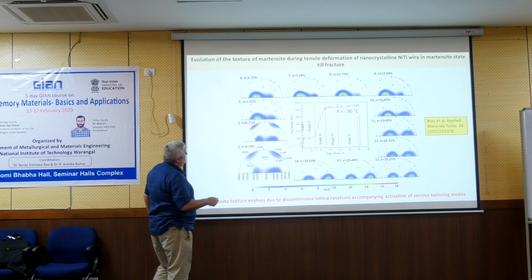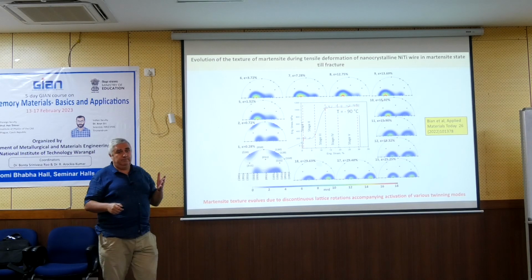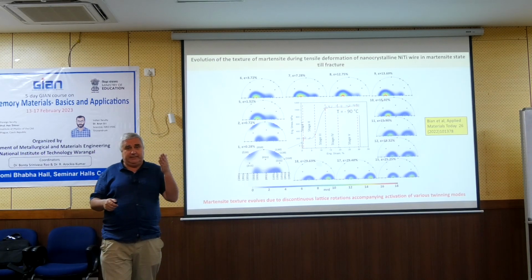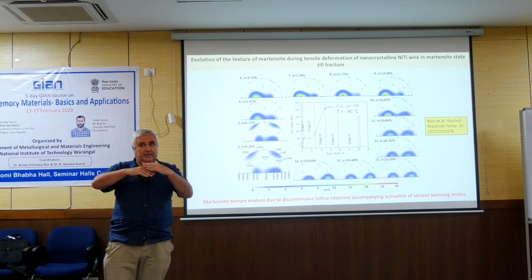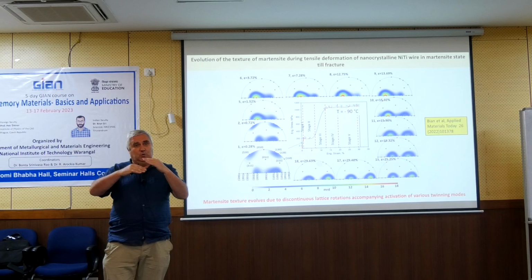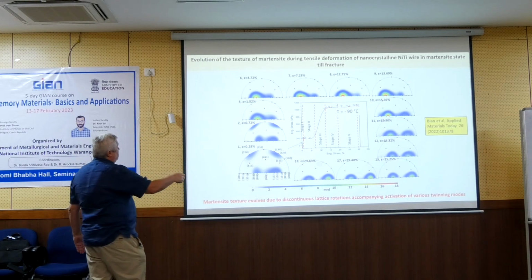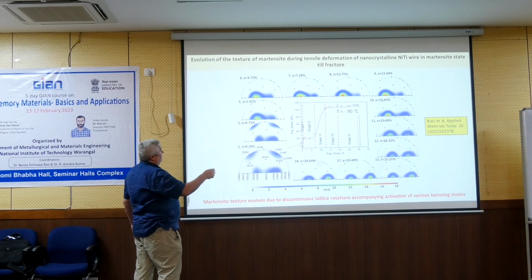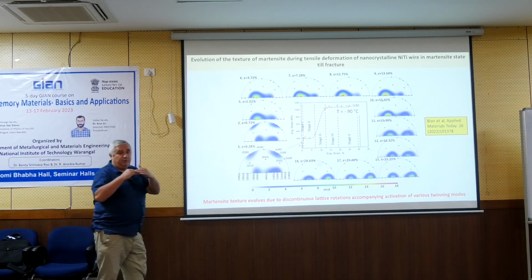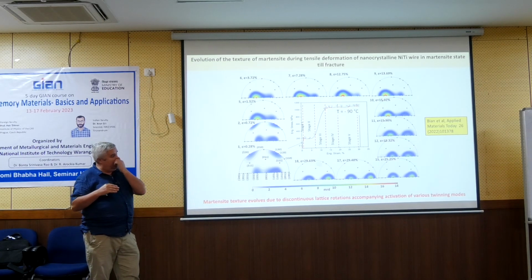Why do I have 2? Because by TEM we have seen there is a laminate, and laminate means 2 kinds of orientations. So this evidence very nicely confirms the TEM observation that every grain is a laminate of 2 twins.